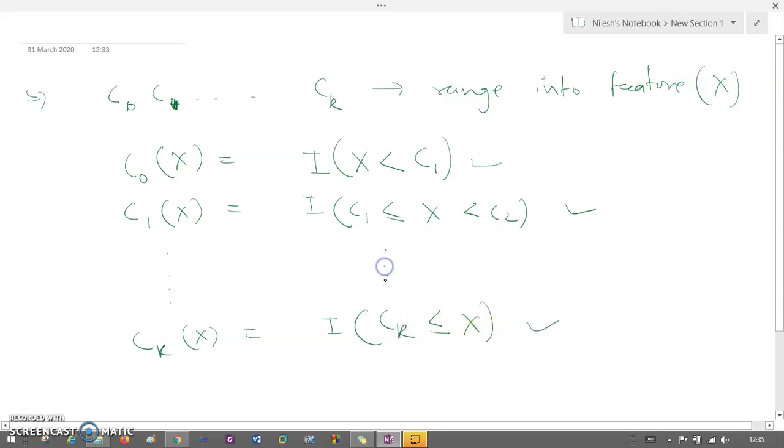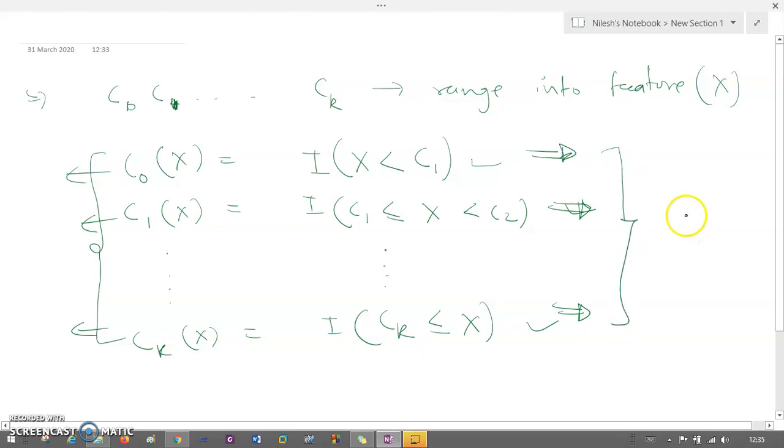So these are the constant step functions that I was talking about, and then you can individually apply these constant functions into the bins. What this indicator function is going to return, the output is going to be either 0 or 1.